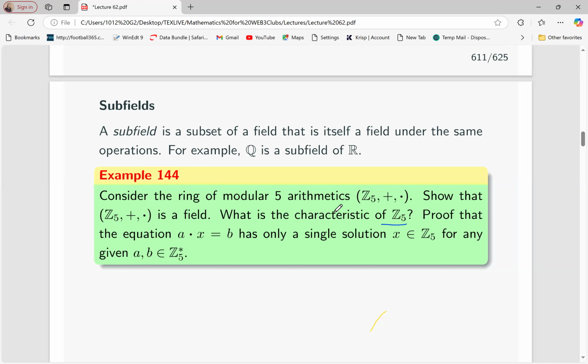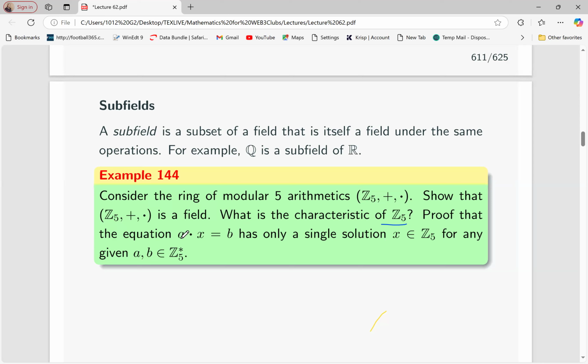That's what it means. So this question, I'm using it to answer so many questions. The first question, I want us to show that it's a field. The second question, I want us to get its characteristic.